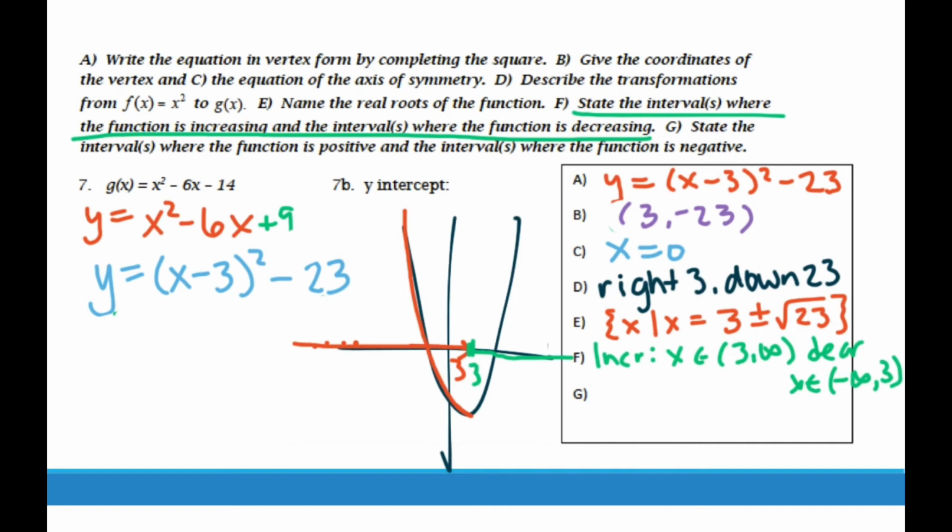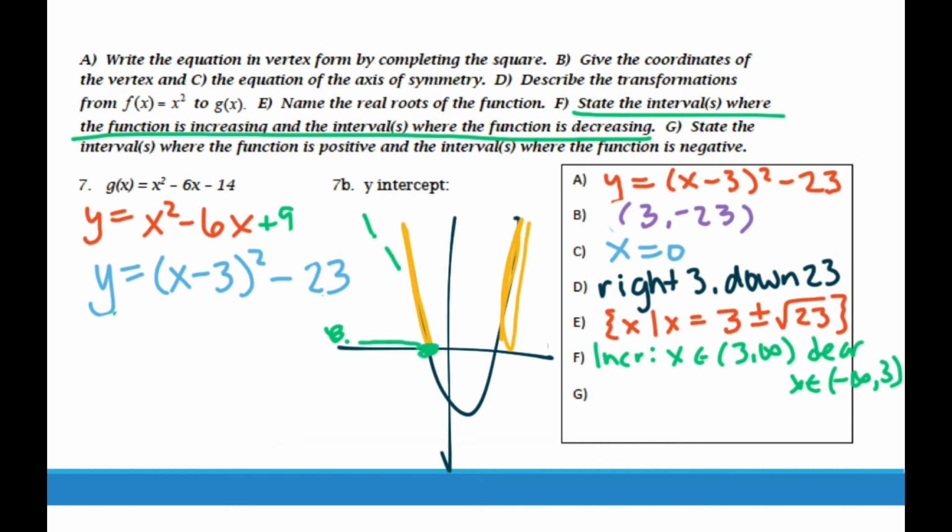Okay, the last part is state where it's positive and where it's negative. Let me erase some of this stuff. So on our graph, if we look at where the graph is positive, I'm asking where it is above the x-axis. So again, think about walking along the x-axis. If I'm over here, the graph is positive. It's going to be up here somewhere. And as I walk along, at this point, it starts being negative.